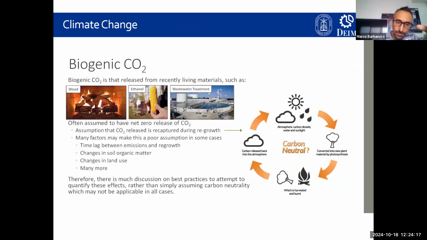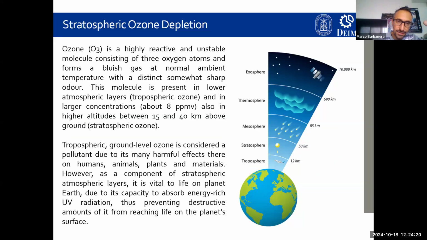But I think that we can see another impact category that is the stratospheric ozone depletion. Also, this category is one of the most used categories when we decide to carry out an LCA study. So I think that we can see only these two, climate change and the stratospheric ozone depletion.